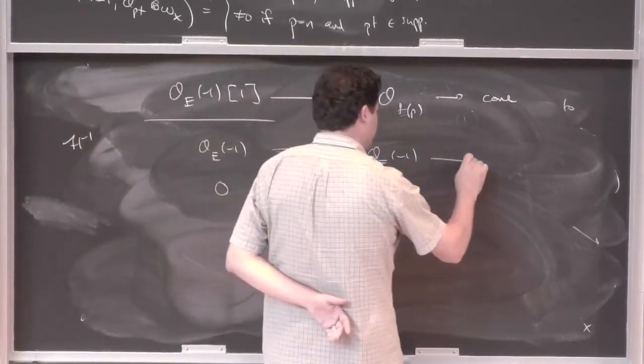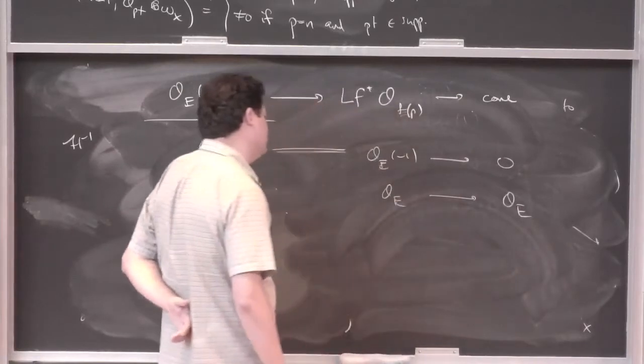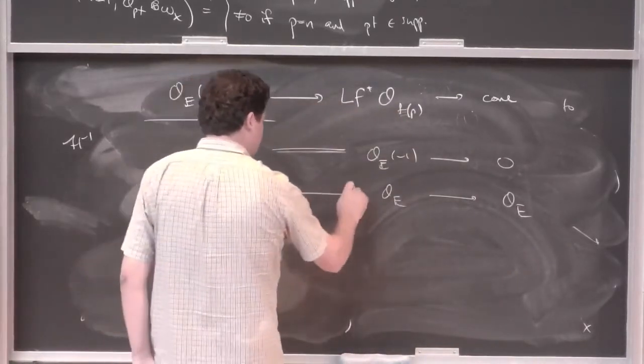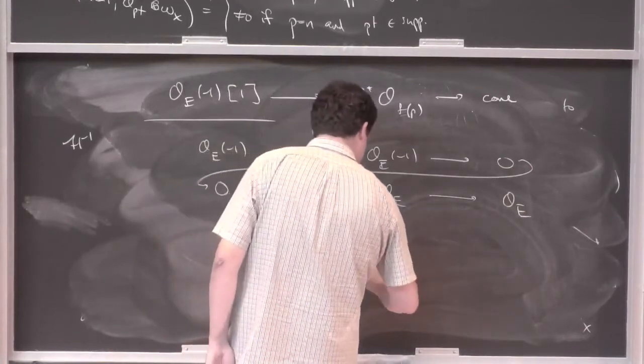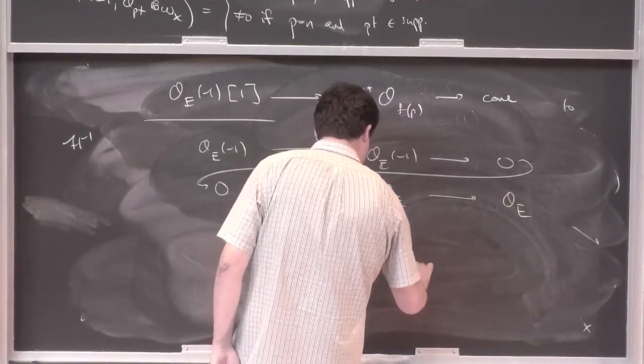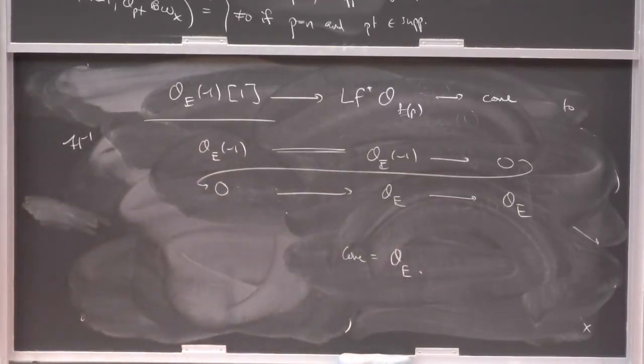And so in the cone, I'm just going to get 0, and I'm going to get OE. So the cone is OE. I know I'm reaching way back to Monday and Tuesday for this kind of thing.